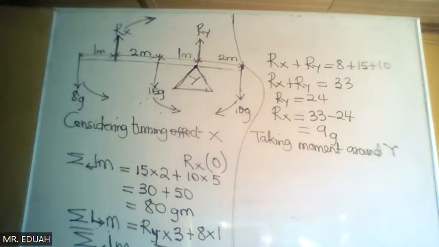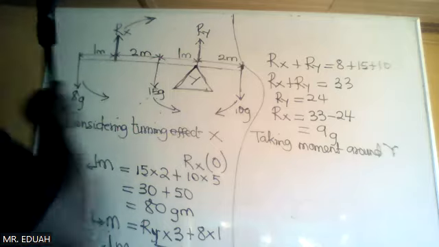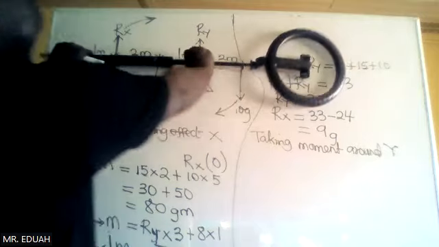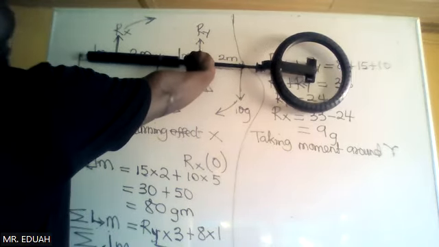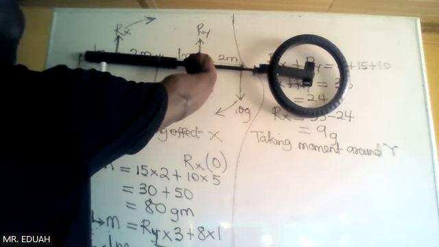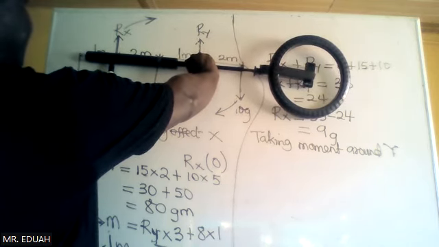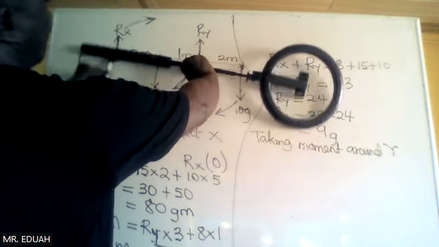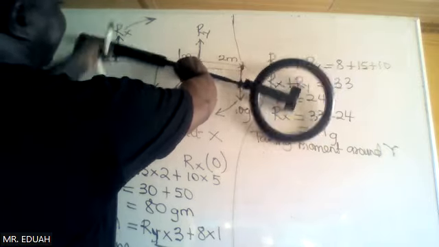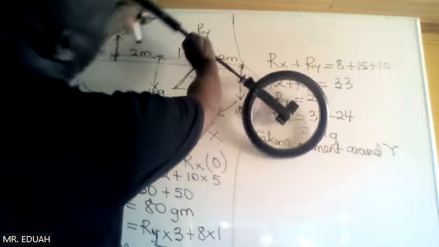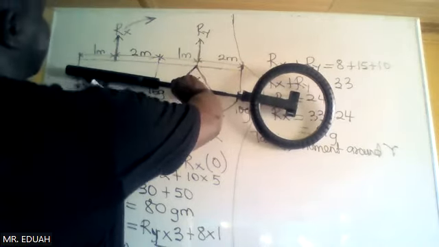You have this, and the turning effect is around where my hand is. Assuming the mass or the force is here, when the force acts, will it turn this clockwise or anti-clockwise? This will give anti-clockwise because the force is acting up.